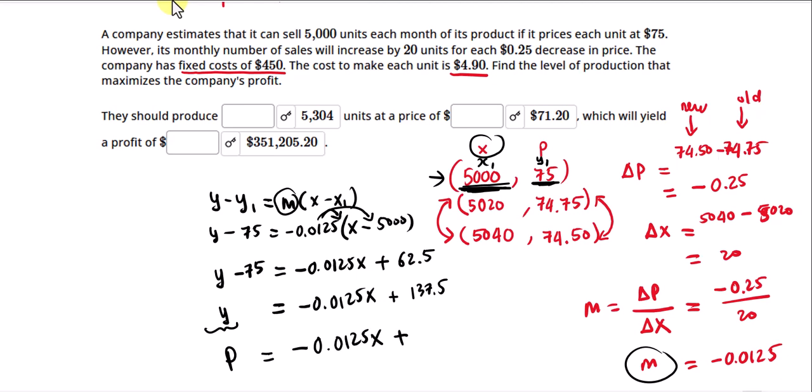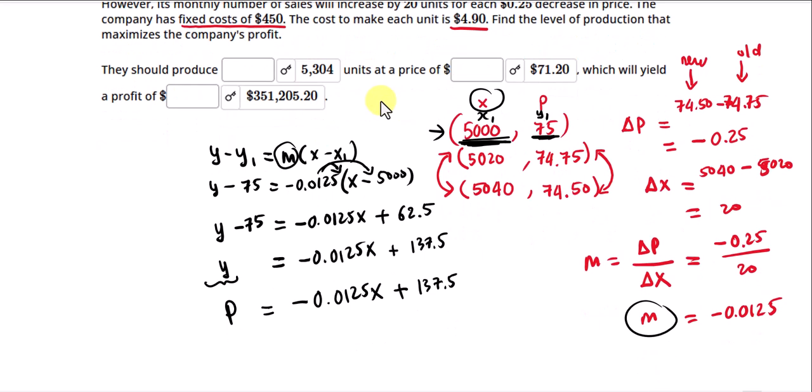We use x and y just to make it easy, so that we can apply what we learned from algebra to get the equation. But after that, we'll change the equation to p and x. In this case, p is the price and x is the number of units.